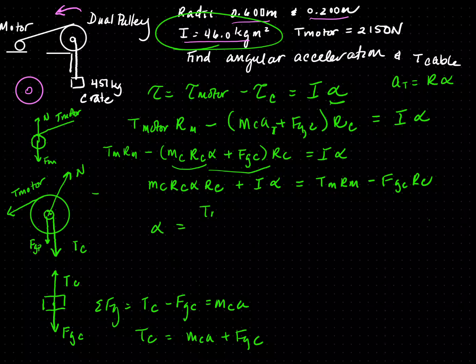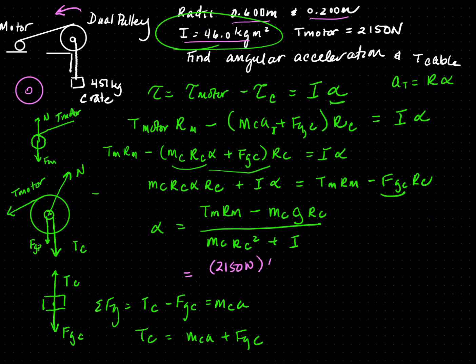So this becomes Tm Rm minus Fgc, which is just the mass of the crate times gravity times Rc, divided by Mc Rc squared plus I. So now I'm going to substitute in. The motor tension was 2150 newtons.